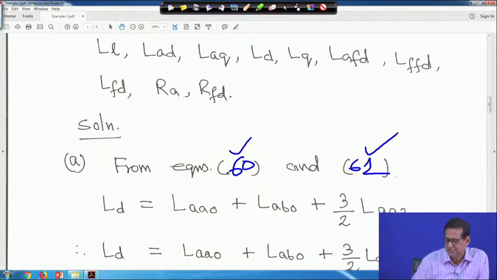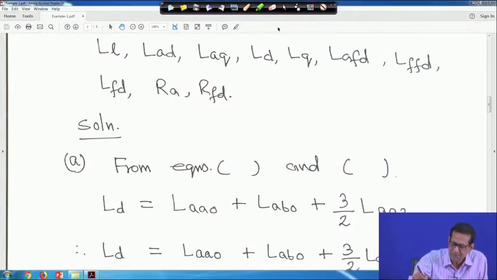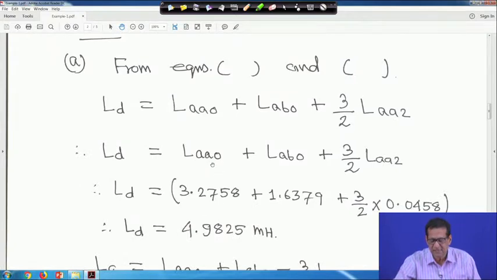This is actually coming from equation 60. Please go refer to 60, you will get this. So that means LD is equal to LAA0 plus LAB0 plus 3 by 2 LAA2.